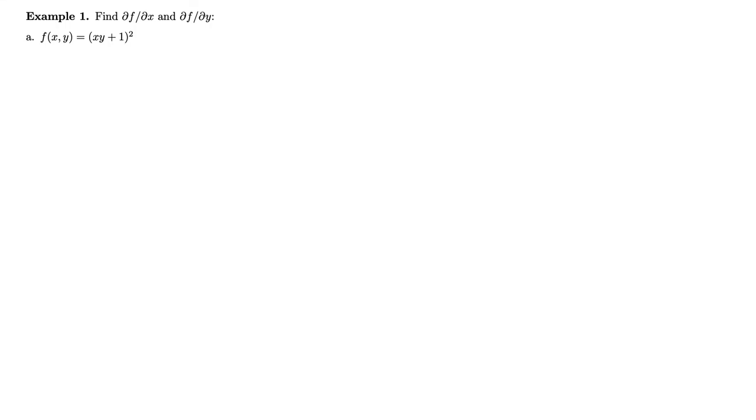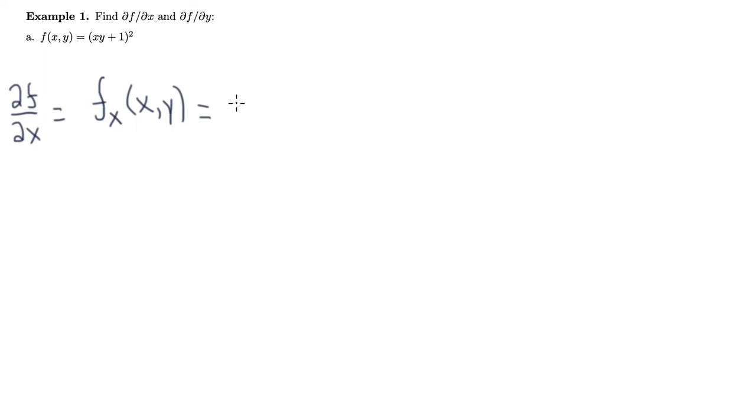And the key is, if you're taking the partial derivative with respect to x, as we're doing first, you just want to treat y as a constant. So f_x(x,y), which is the same thing as partial f partial x, I'm going to differentiate the function with respect to x, treating y as if it was just a number, like 2 or 3 or 10 or whatever.